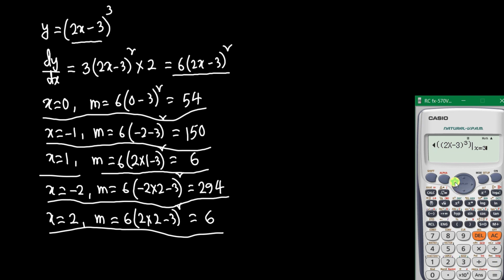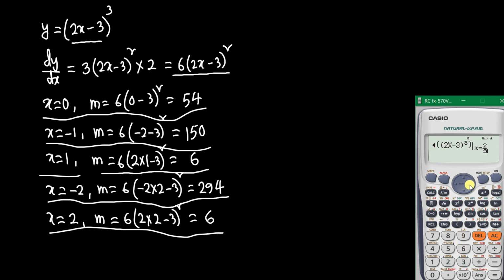We can use any other value, no problem. If we use here say 7, then the value we got from here is 726. If we do it manually or with the calculator, we will get the same value, no doubt. If we use 10, we got 1734. We also can use a fraction value, say 2 by 3.